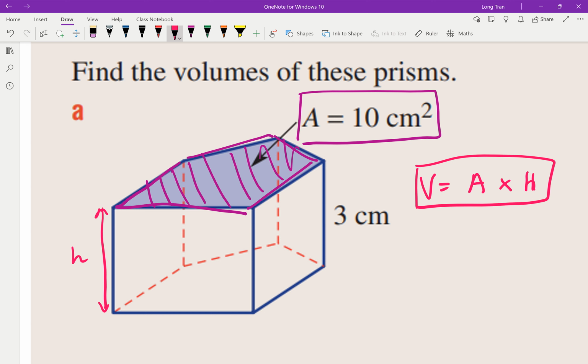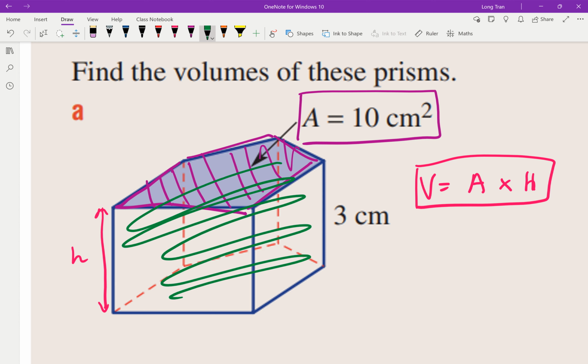Now, do I have the height? Do I know that third dimension? What's the length of that third dimension? 3. So if I were to answer this question, the volume of this shape, how much this container can hold in terms of liquid, it should be area, which is 10, times the height, which is 3. This gives me, yes, you're correct, 30. What's my units?